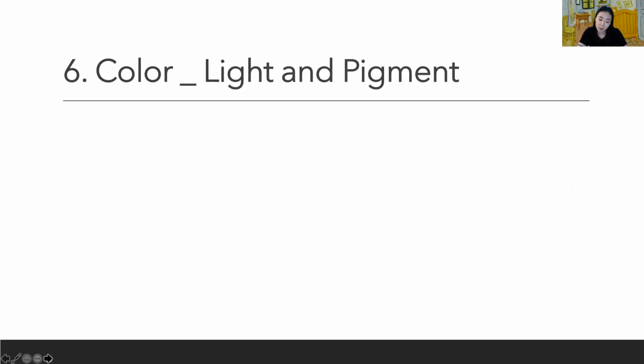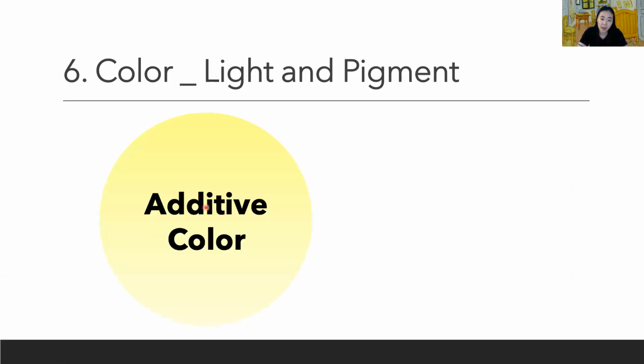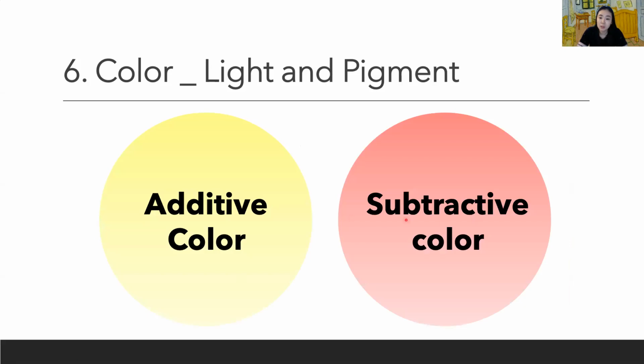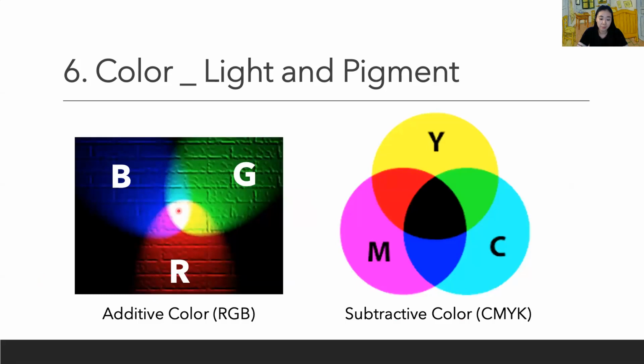And there are two ways to see colors: by light and by pigment. The color based on light is called additive color, and the color based on pigment is called subtractive color. Let's see in detail. Additive color is also called RGB color.